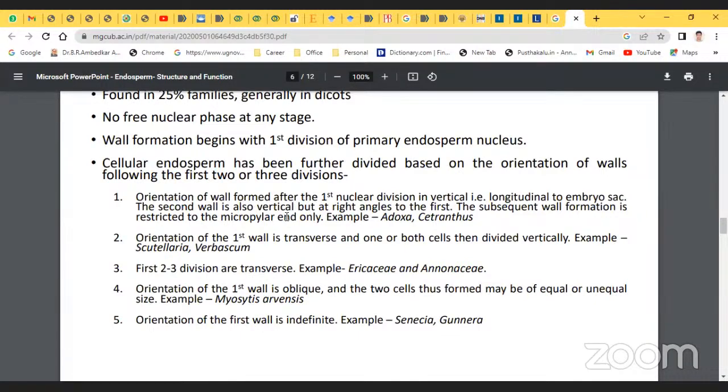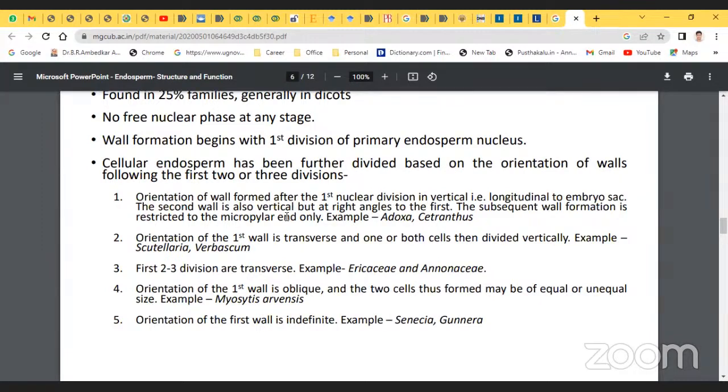The wall formed after the first nuclear division is vertical, longitudinal to the embryo sac. The second wall is also vertical, but at right angles to the first.